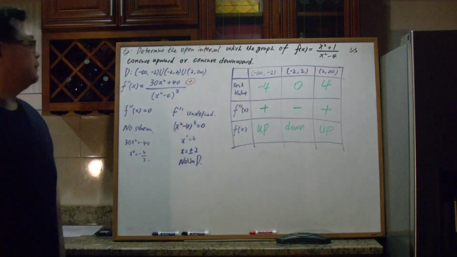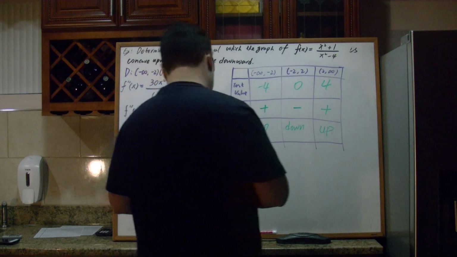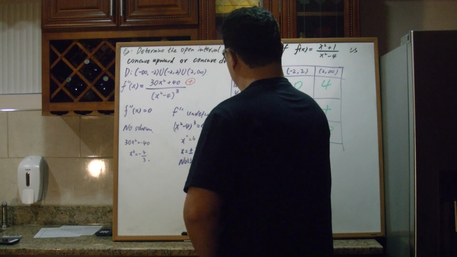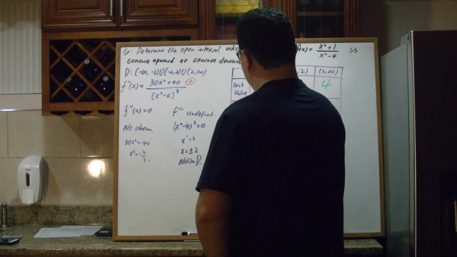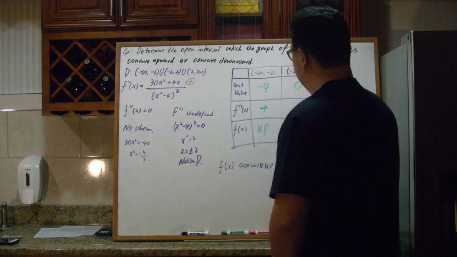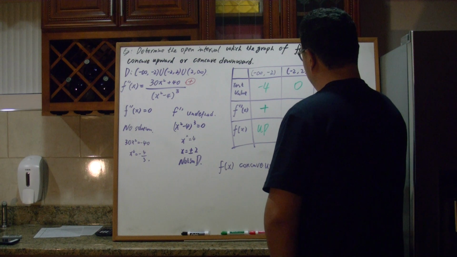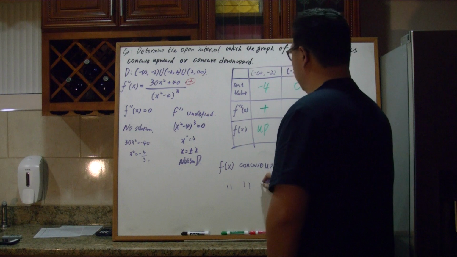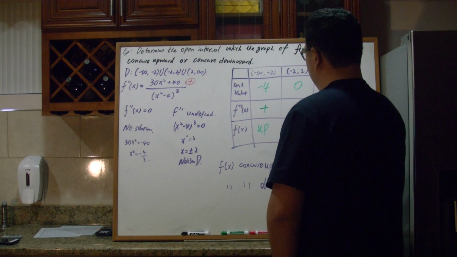We have f of x is concave up on the interval negative infinity to negative 2 and from 2 to infinity, and concave down on negative 2 to 2.